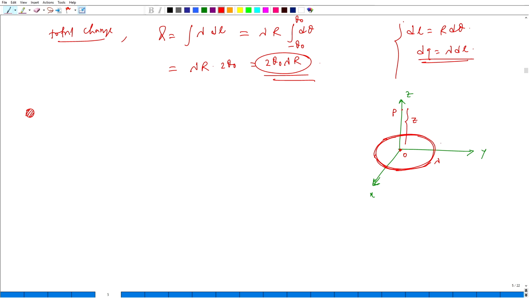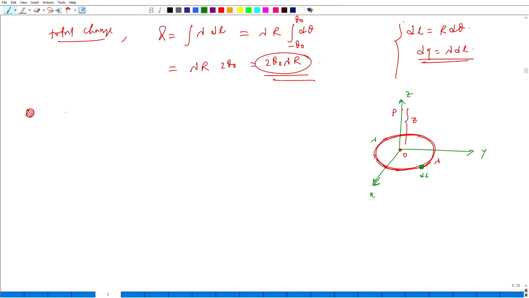To do this, we first consider a small strip with charge dq. The length of the strip is dl, as before, and the charge distribution is uniform over the entire ring.